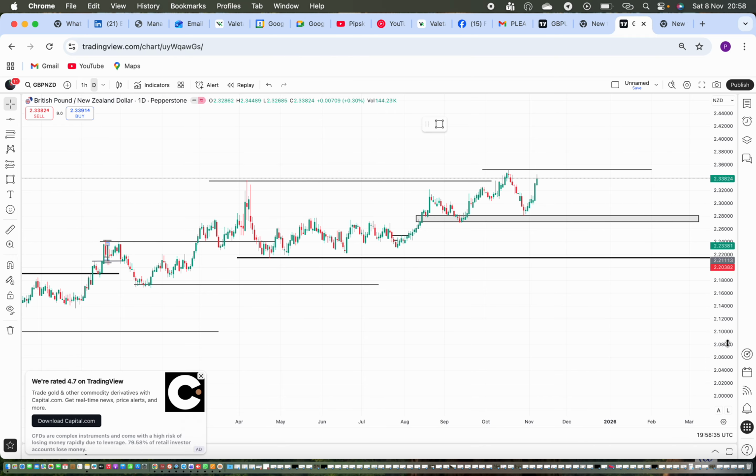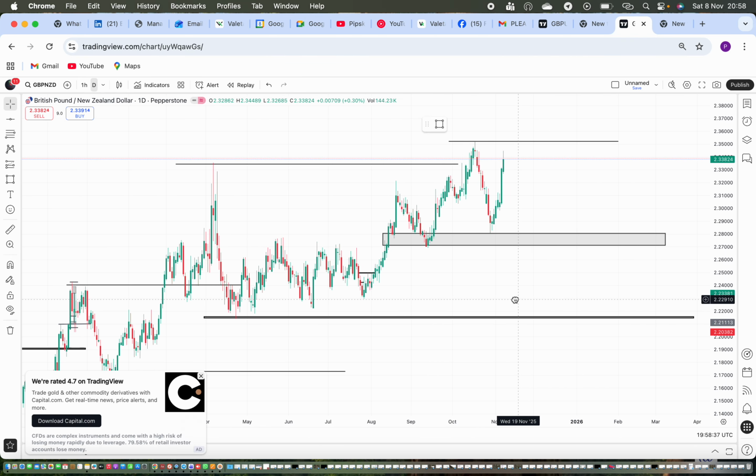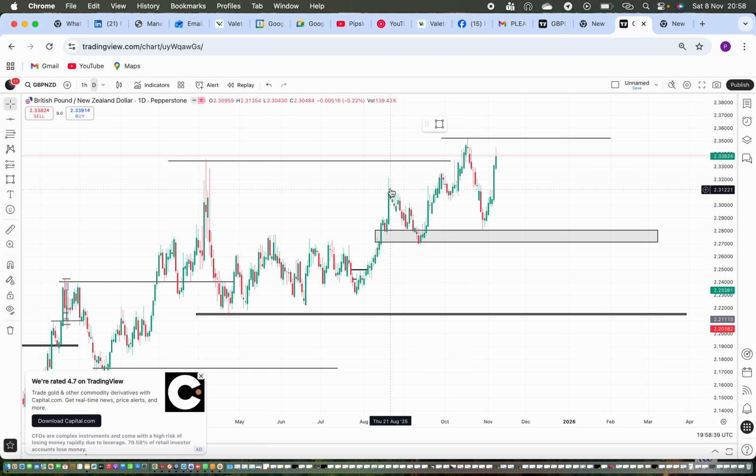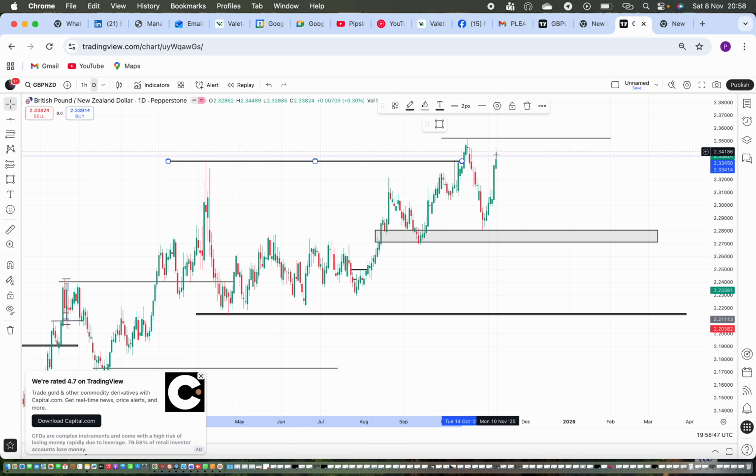Now, coming to the daily time frame, we can see that here to there, and we create this. So if we have a possible shift of market structure and price broke below this low here on the daily time frame, because we've already created a new high that gives us a complete pullback.